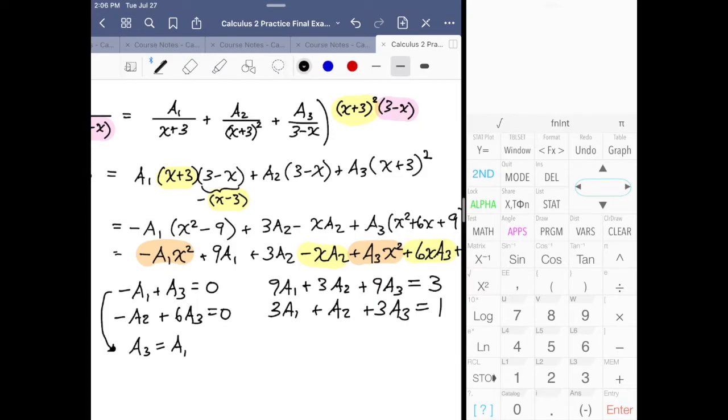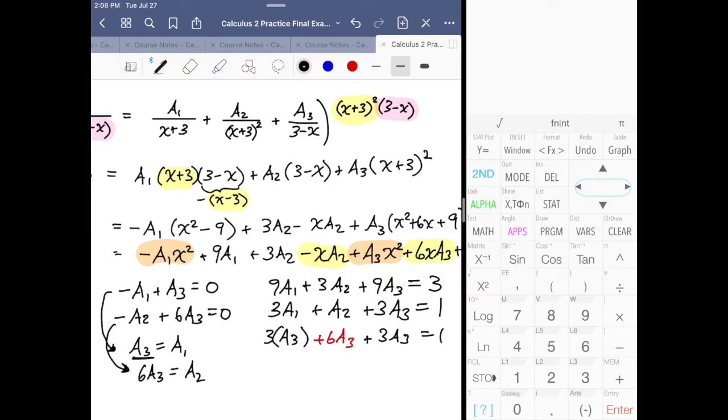For this one, I can say that 6a sub 3 is equal to a sub 2. So I have an easy way of swapping out an a sub 2 by replacing it with a 6a sub 3. I already have an a sub 3 there, 3a sub 3. So it leads me to think that my best bet is probably to replace the a sub 1 with an a sub 3.